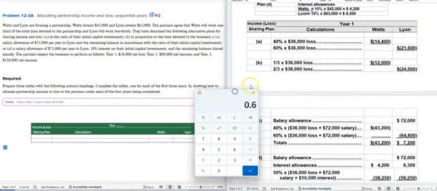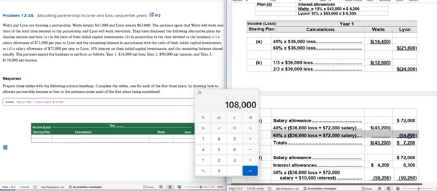After we allocate that $72,000, we need to also allocate a loss. So we're going to add that $36,000 loss to the amount of salary. Okay? So 40% of that remainder is going to go to Watts and 60% will go to Lyon.